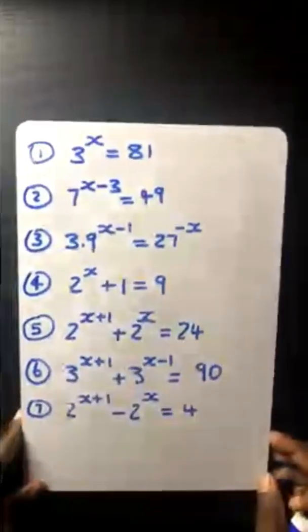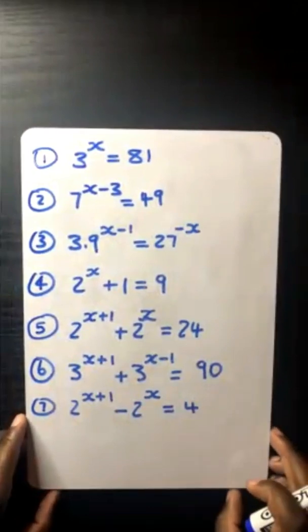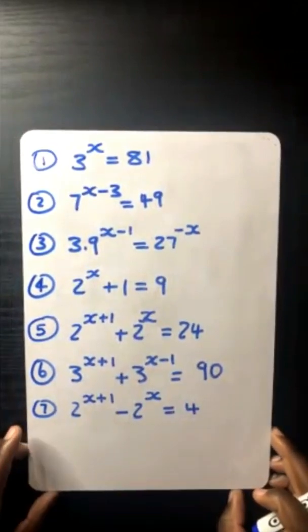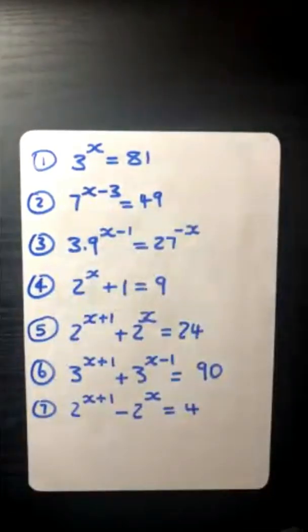So the first question was 3 to the exponent x equals 81. Remember, Shreyas, as soon as we are completely done with this type of problems, that's when we'll move to the next lesson or next chapter, because I think we've done enough of this type of questions. Even though we've been doing simplifications, the approach is the same.